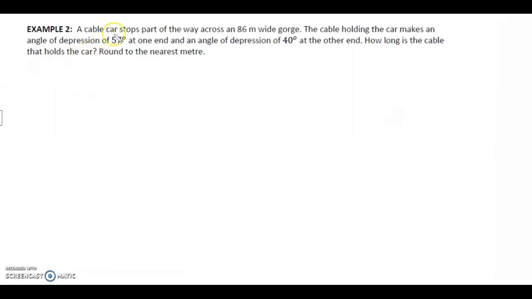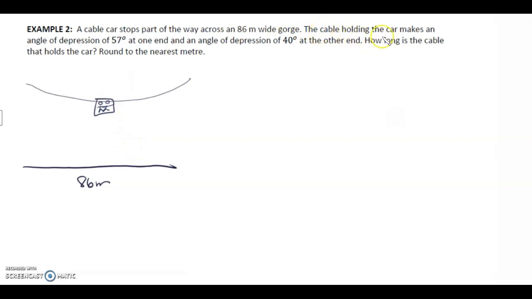Example 2. A cable car stops part of the way across an 86-meter wide gorge. So the gorge is 86 meters. And there's some cable car, and maybe you sit here. People are sitting down, or standing up.